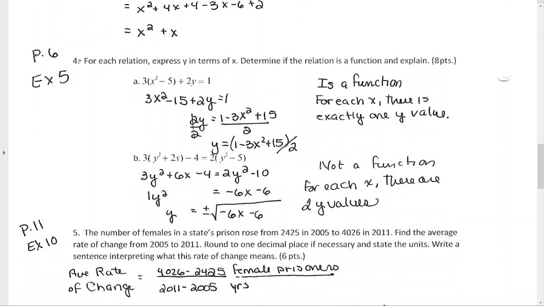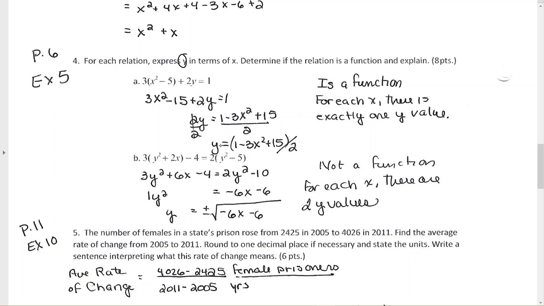For question number 4, this was example 5 on page 6. You solve, but it says express y in terms of x, which means you're solving for y in these problems, not x. Y is on the left, and then x and everything else is on the right-hand side.